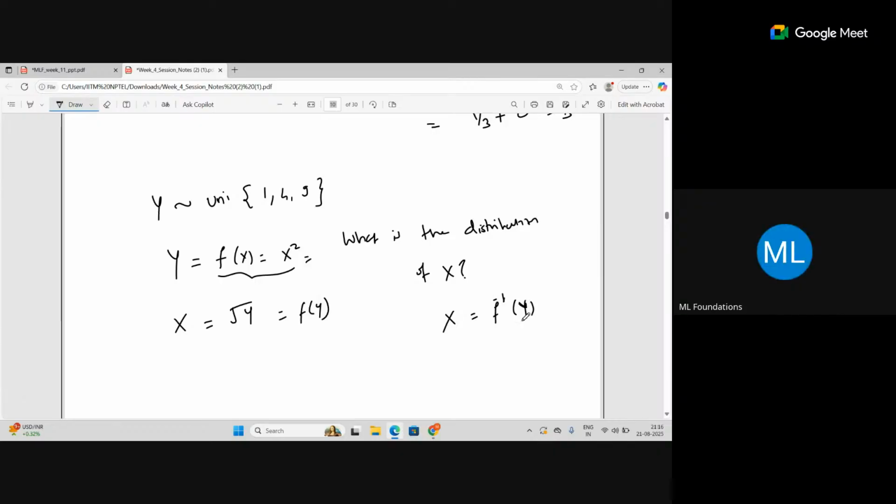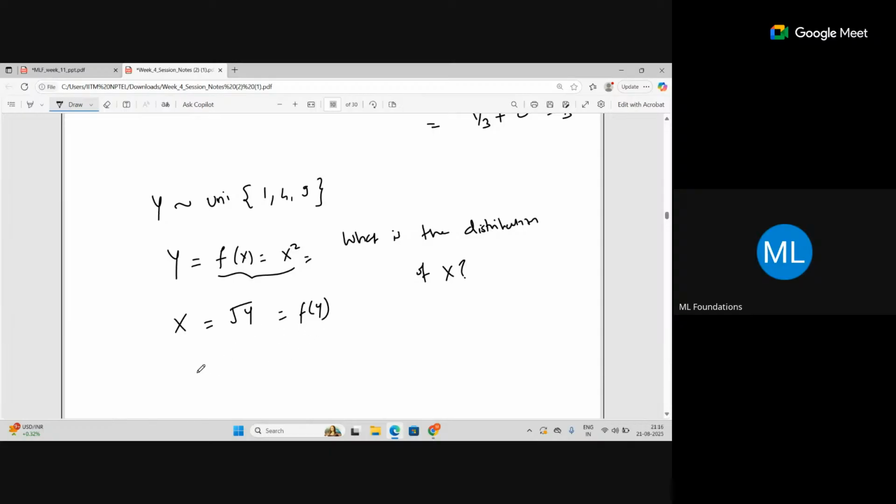Here y equal to x square, that's why it's f inverse of y. Okay, that's fine. So now I can write x as a function of y, right?